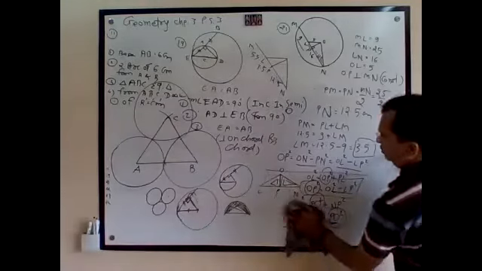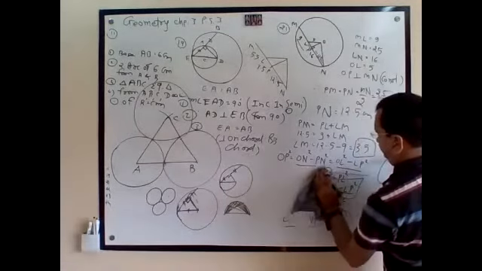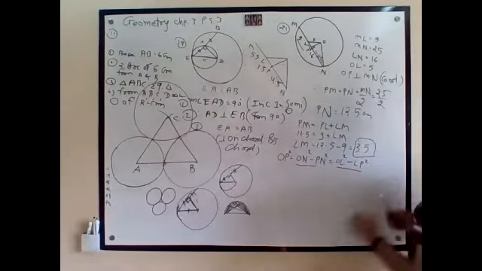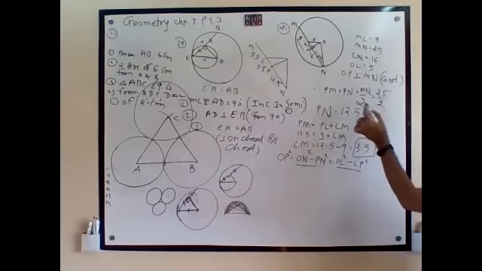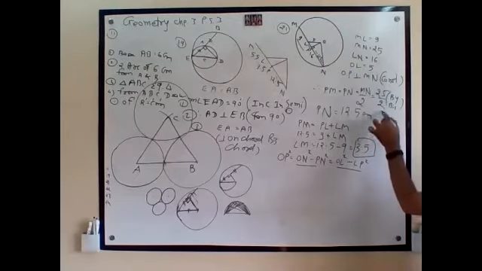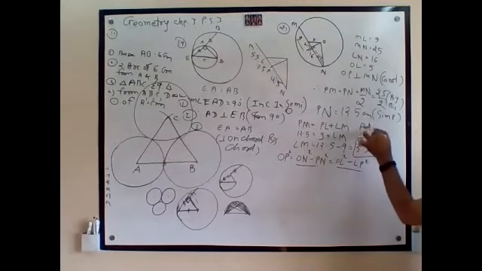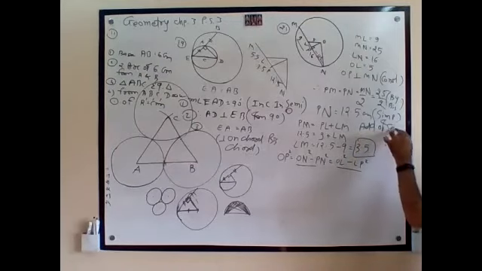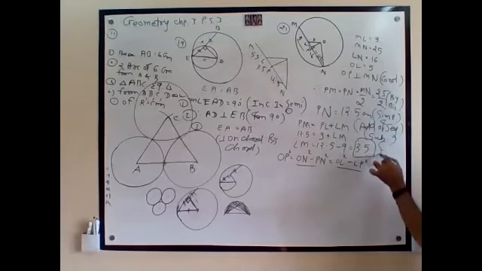That is the explanation, no need to write. This is by bisector, by simplifying. This is addition of segment. Substitution. Simplify.